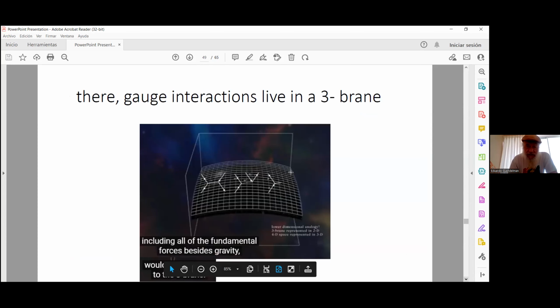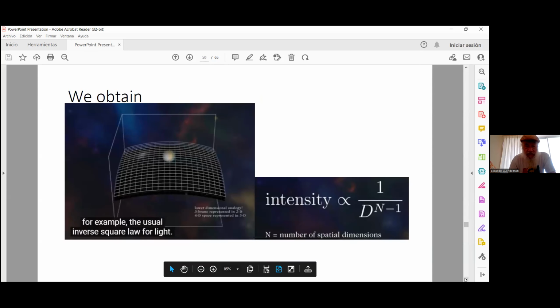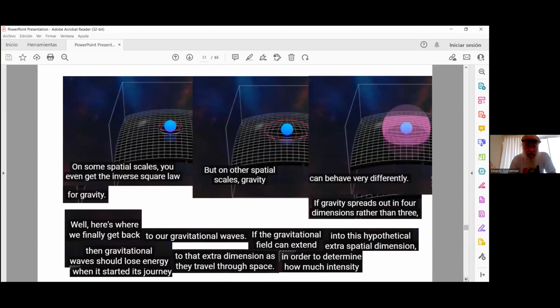And the gauge fields live on the brane. So this includes the photons, right? While the gravity lives in the bulk, right? The light will go like 1 over d minus 1, right? On some scales, the gravity also does the same thing, but on other scales, the gravity extends to the bulk, to the extra dimensions, right?